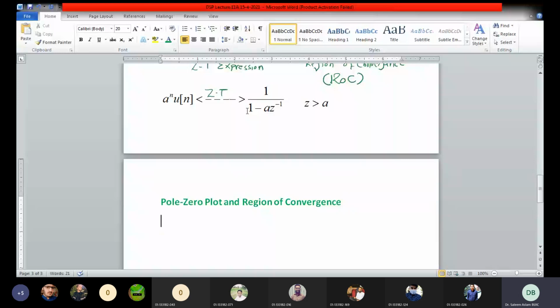Since the numerator is 1, there is no such expression, so it has only a single zero at z is equal to 0. So zero at z is equal to 0, and the pole from 1 minus a z inverse.